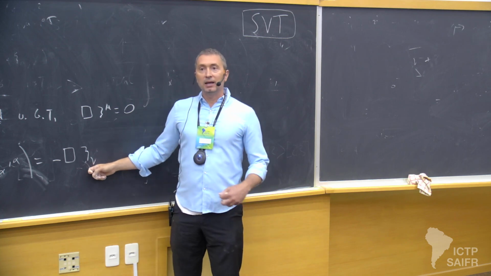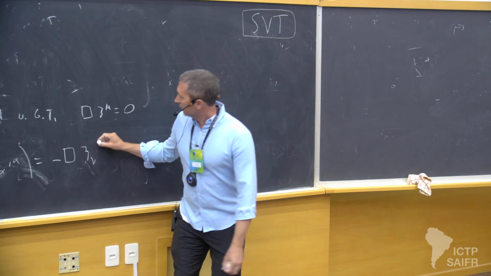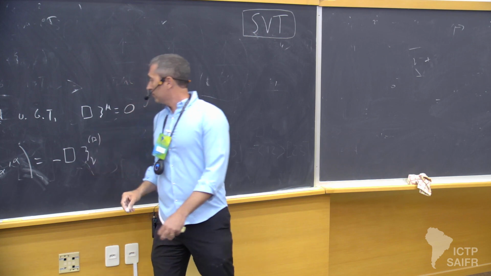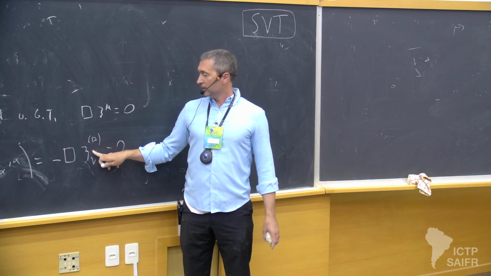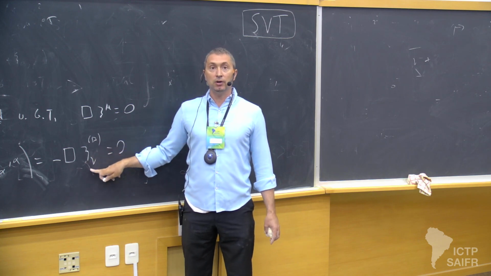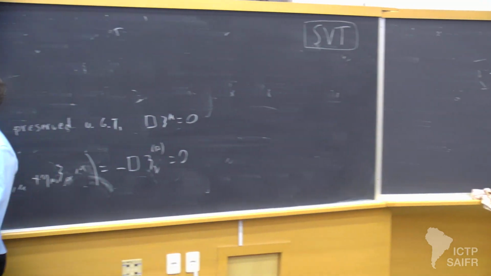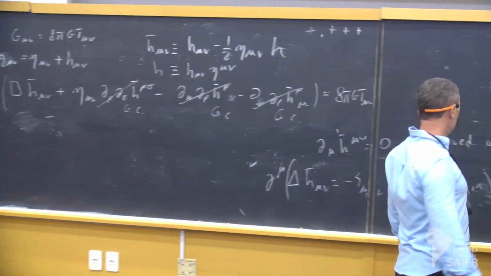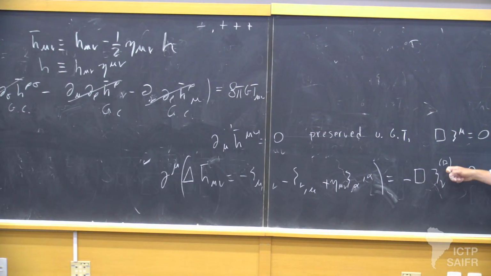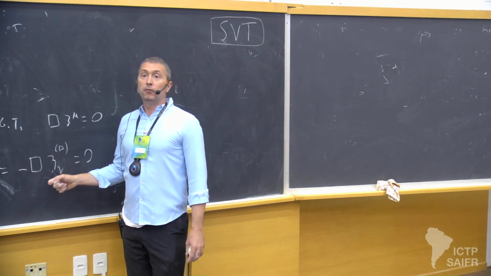I can make a coordinate transformation, well, not really arbitrary, but a specific transformation that satisfies box xi equal to 0, and I don't move out of the Lorentz condition. So I still keep this nice linear decoupled equation. So I can do it, and basically this extra degree of freedom of my coordinate transformation will allow me to kill 4 more degrees of freedom.